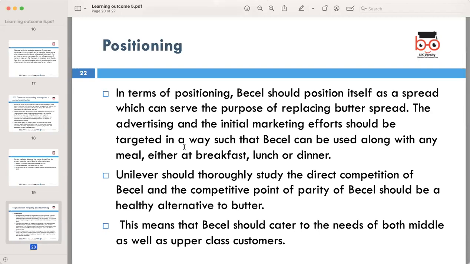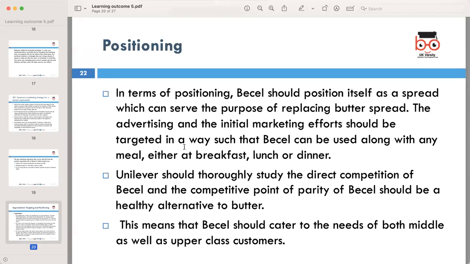So we emphasize studying direct competitors and establishing a point of parity for Becel, being a healthy alternative to butter. This positioning strategy enables Becel to cater to the needs of both middle and upper class customers, ensuring its accessibility and appeal across various consumer segments.